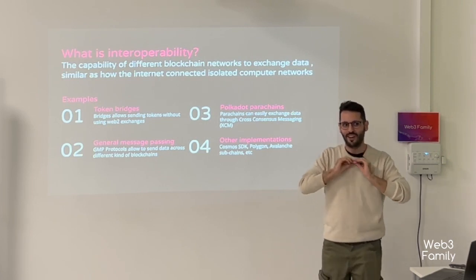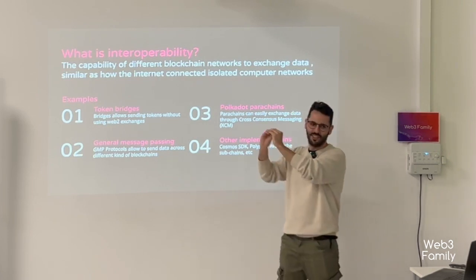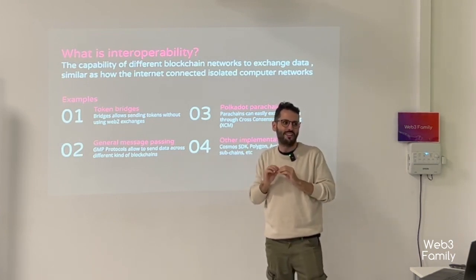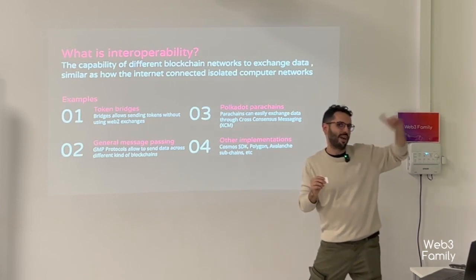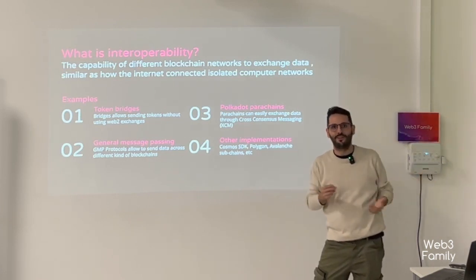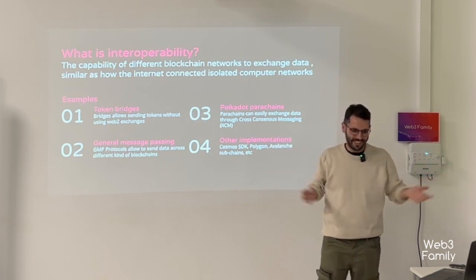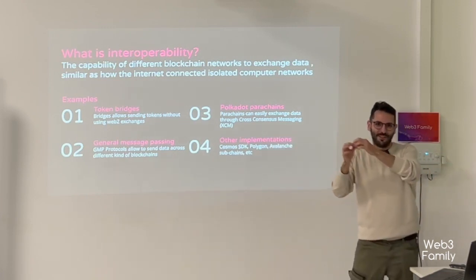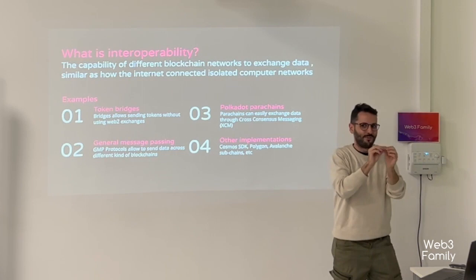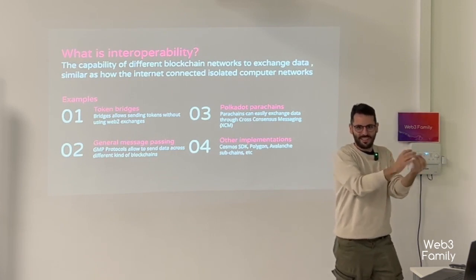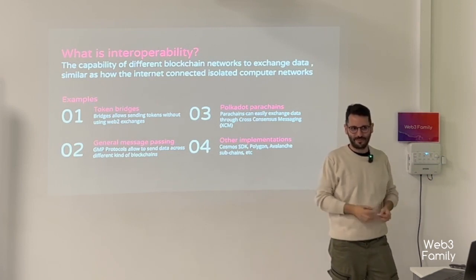Okay, so I have Web3 family Bitcoin, and I go, and in this shop they accept this Web3 Bitcoin, and then I say, oh, but I need to give it back to Bitcoin because I need to pay my mortgage, and they only accept Bitcoin. So you want to send it back, and to unwrap, there's no way to unwrap it because the guy that will give you the real Bitcoin is not there anymore.